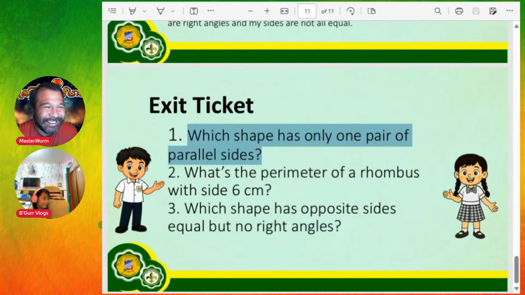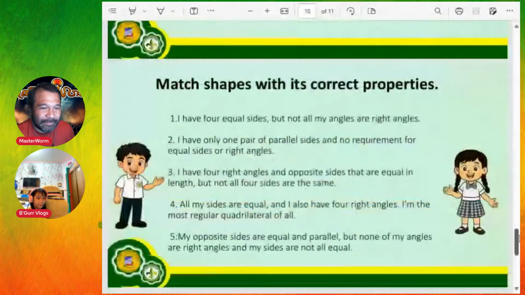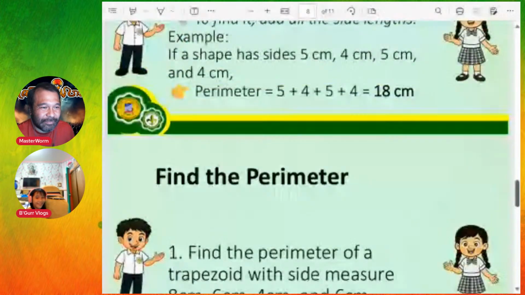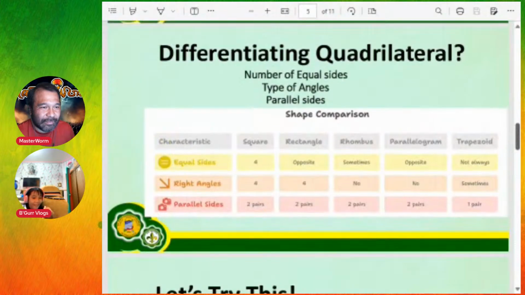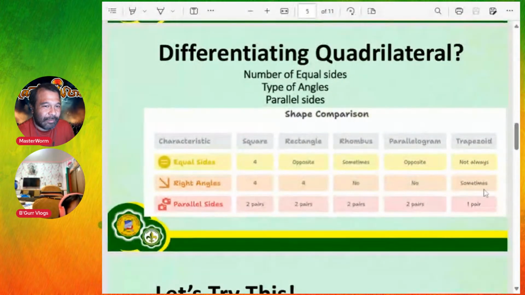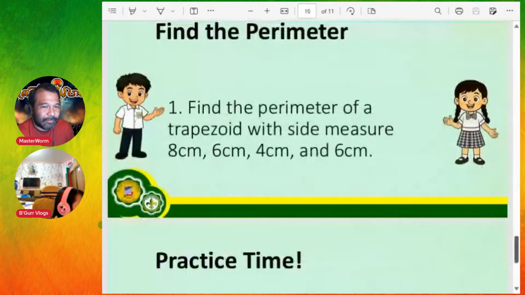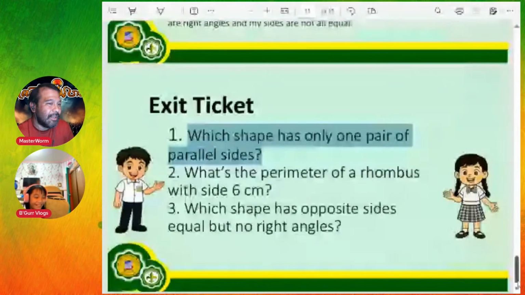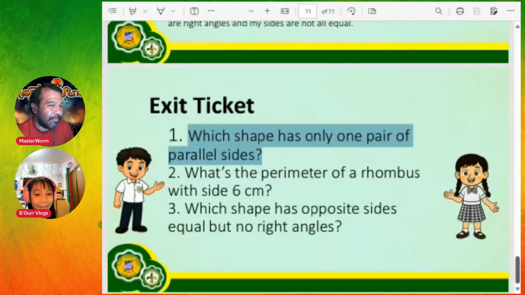It's a trapezoid. Which shape has only one pair of parallel sides? It's a trapezoid.